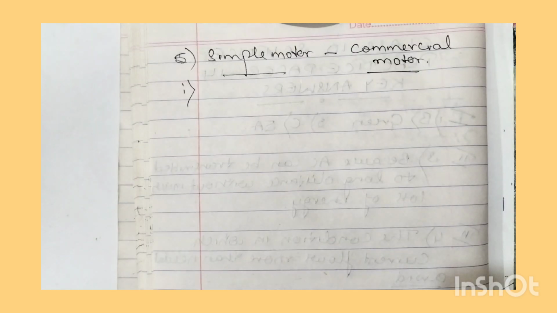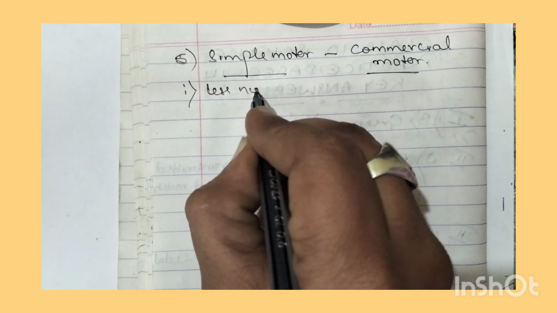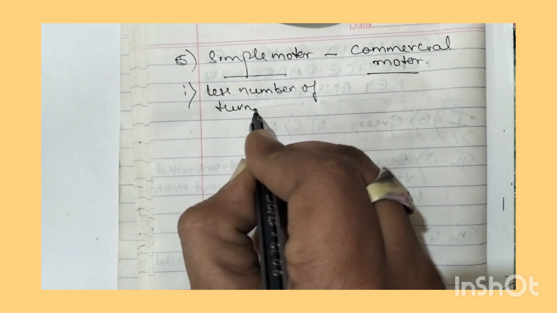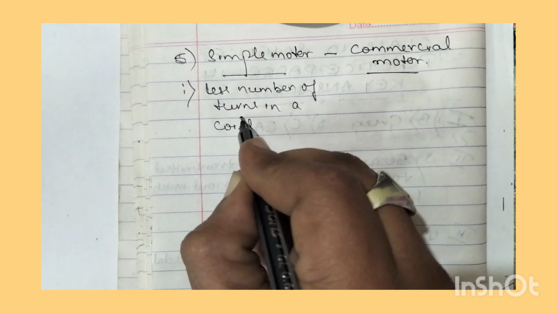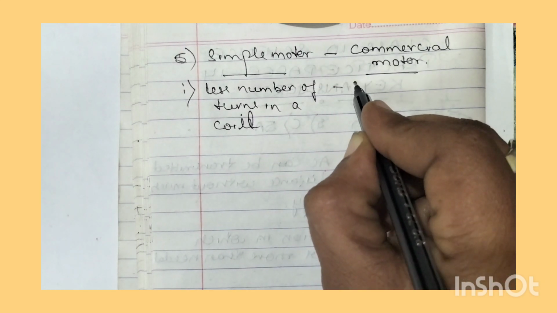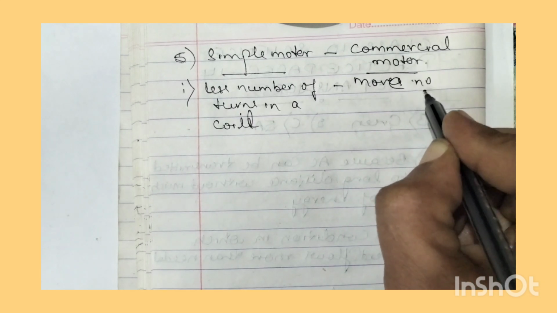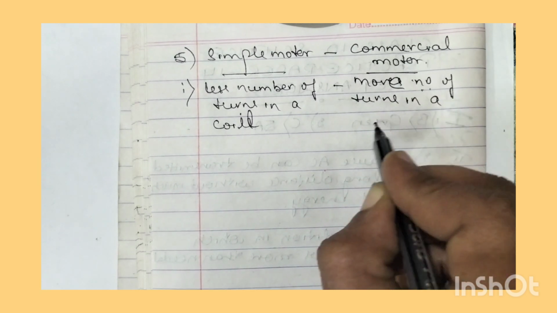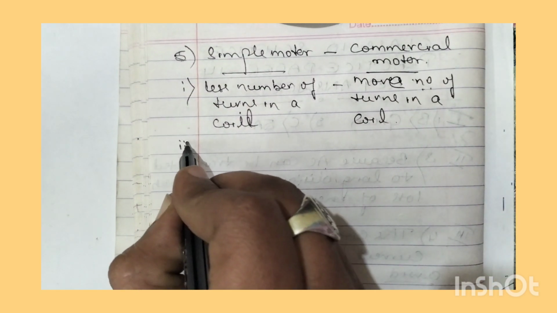The first difference is: simple motor has less number of turns in a coil, then commercial motor has more number of turns in a coil.